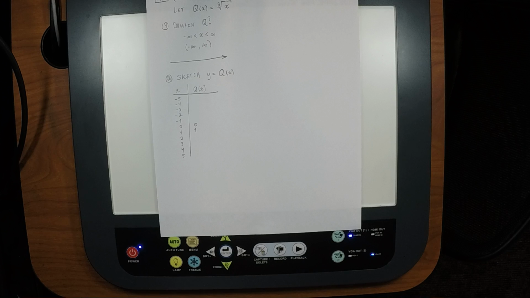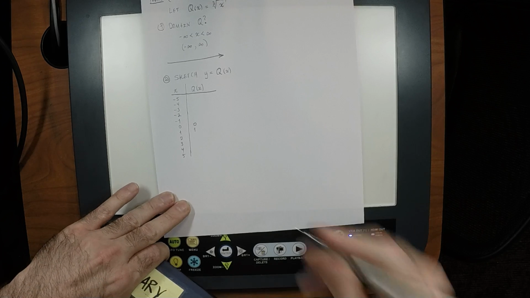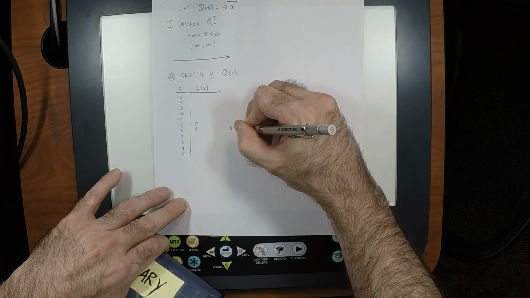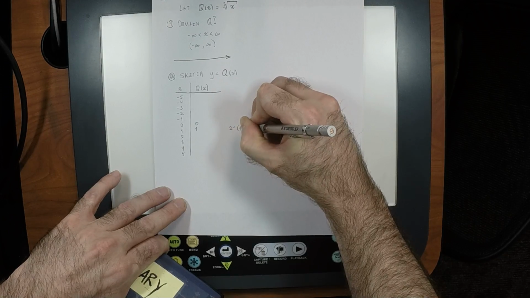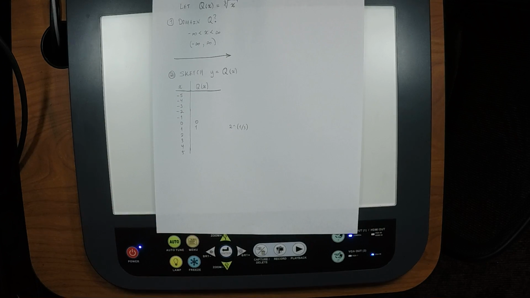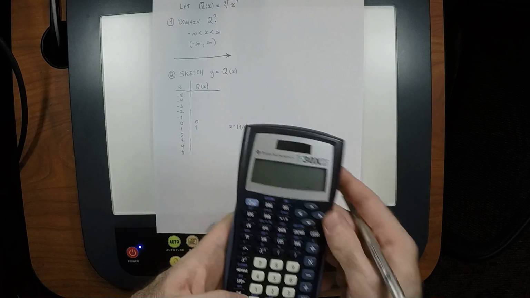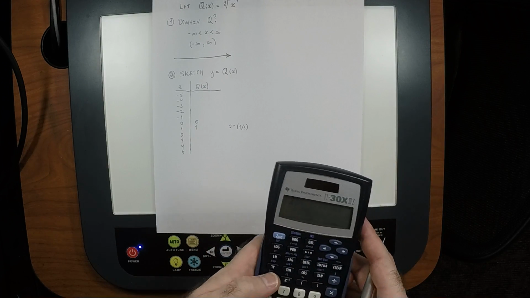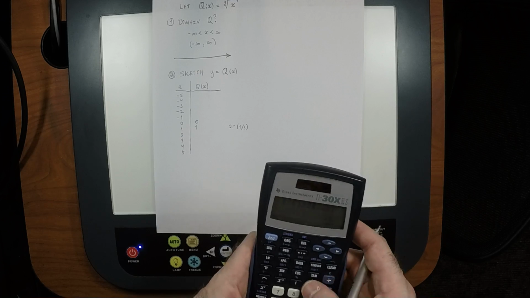What you type is 2, then caret, then in parentheses 1/3. If you have a different calculator, it might be something slightly different. So 2 caret 1/3.